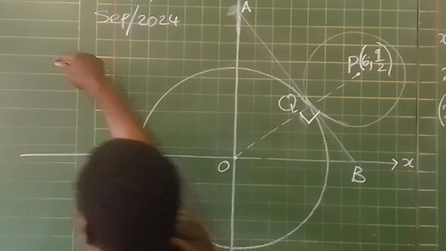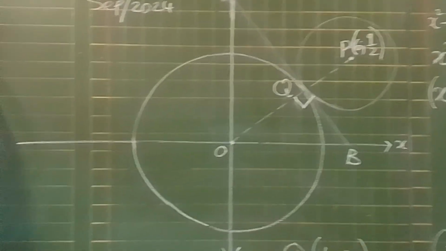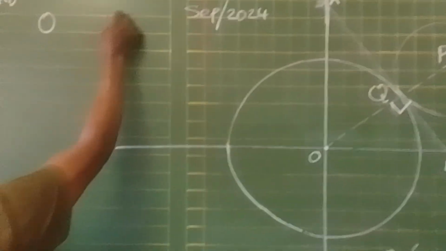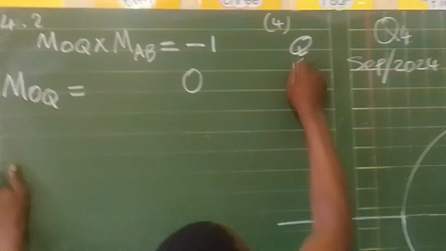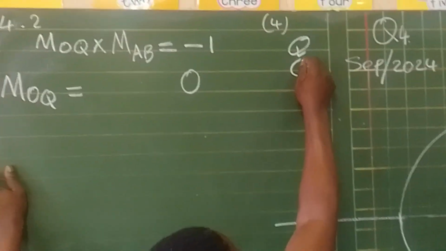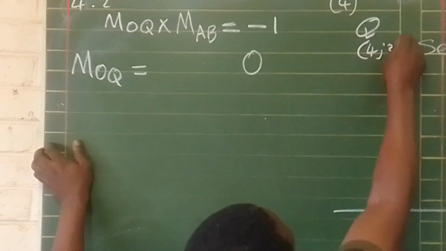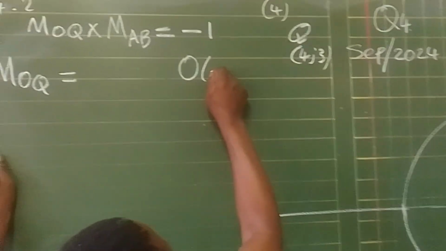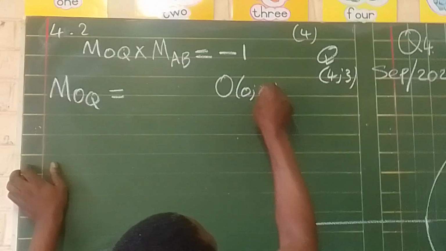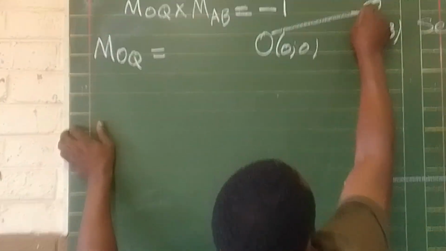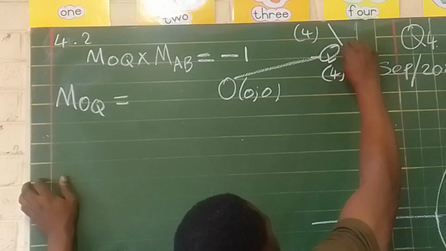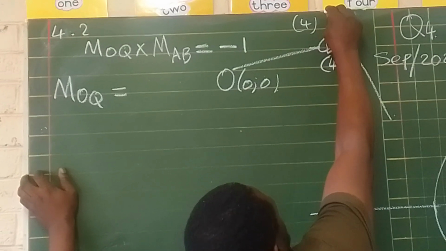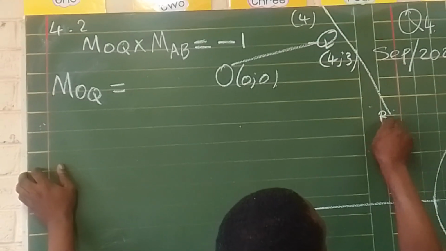So I am going to do a little rough sketch here. Here is your O, here is your Q. Q is the point (4; 3), and O is the point (0; 0). This is the line. So your AB comes like that. Your A is up there, your B is somewhere here.